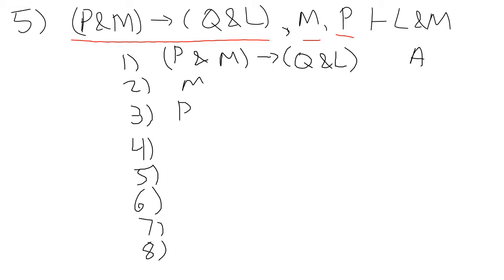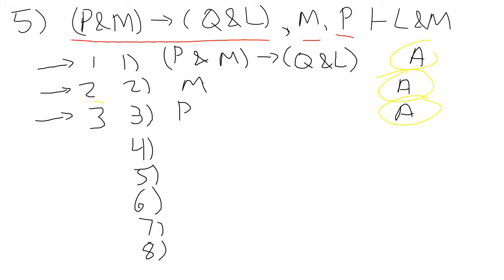I want to mark all 3 of them as assumptions. And this one gets 1, this one gets 2, this one gets 3. Remember, assumptions are where they get new line numbers. So I've got 3 different assumptions. Assumptions are where we introduce line numbers over here. That's where they all come from.